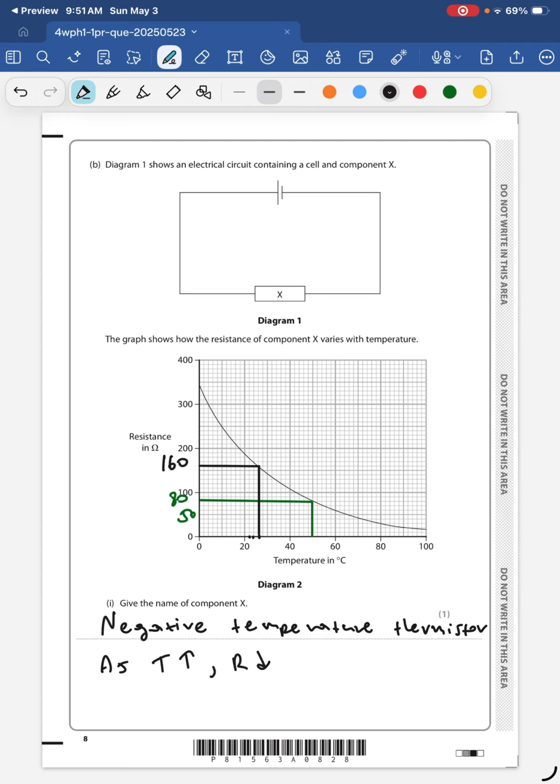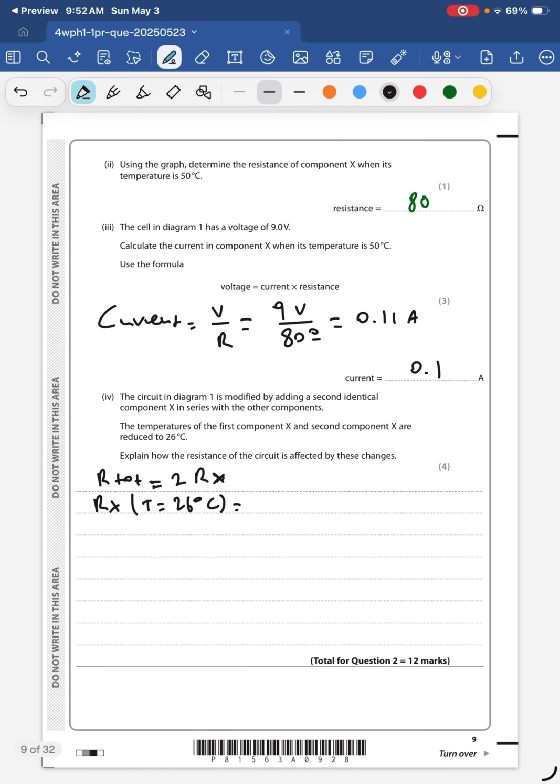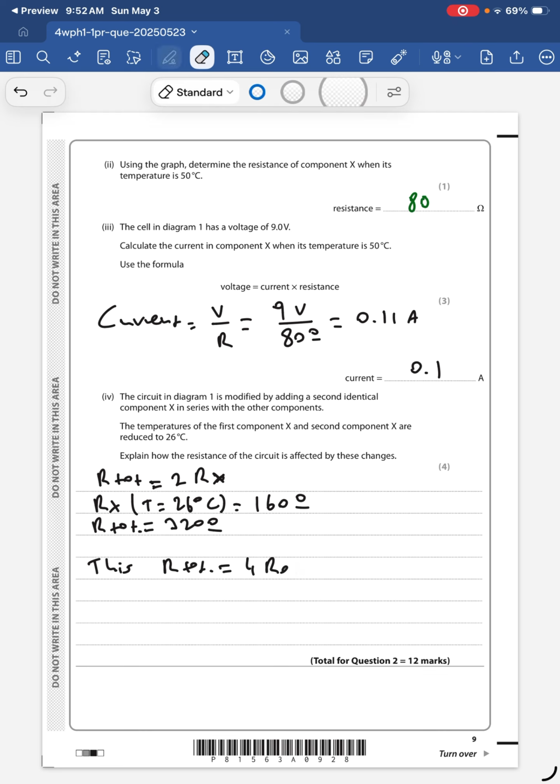You can check for yourselves. So 160 ohms, so the total resistance is going to be 320 ohms. So this R total is 4 times the original resistance, okay? So in other words, resistance is going to increase, okay? And that's the answer. And we are ready to move on to the next question.